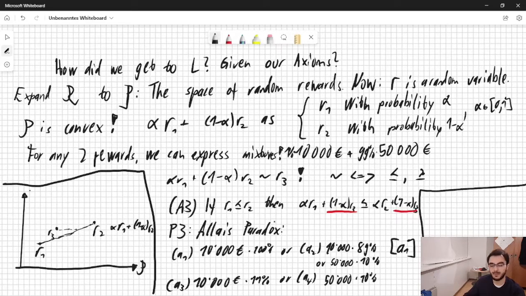Here again, most people choose A4 over A3. However, notice that this is not compatible with our assumption A3. Because I can just subtract the 10,000 times 89% on both sides and get the same problem.